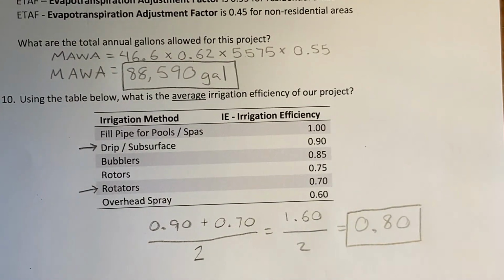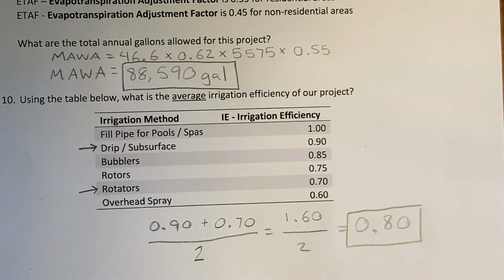Our average irrigation efficiency will be 0.8 or 80% efficient.